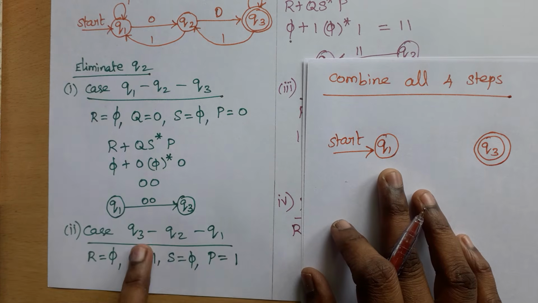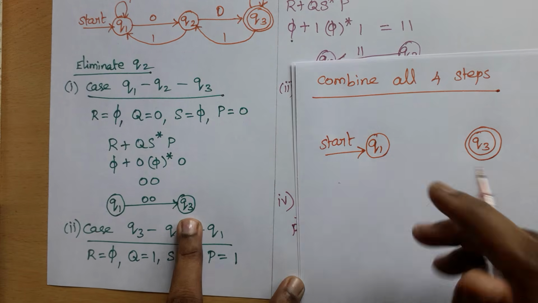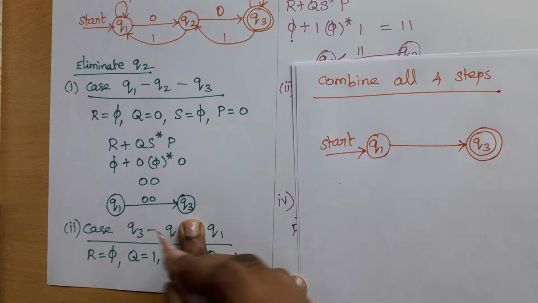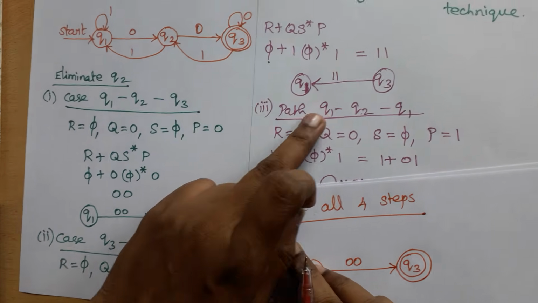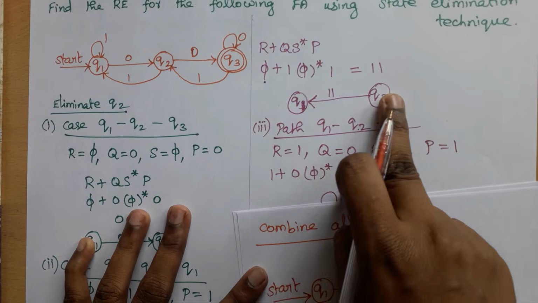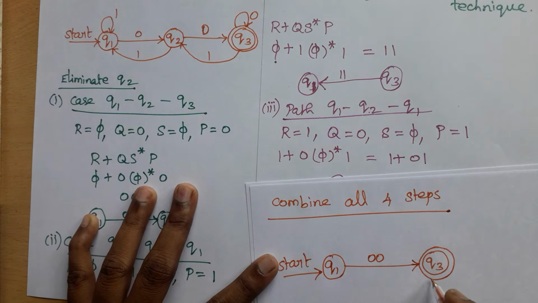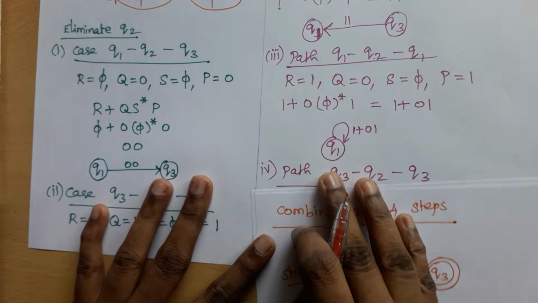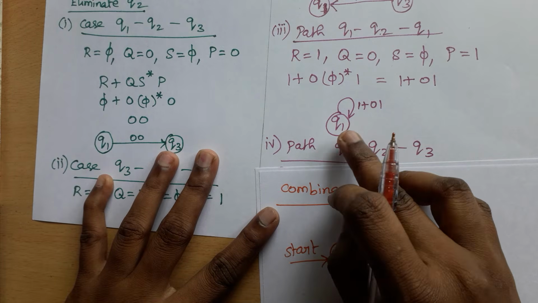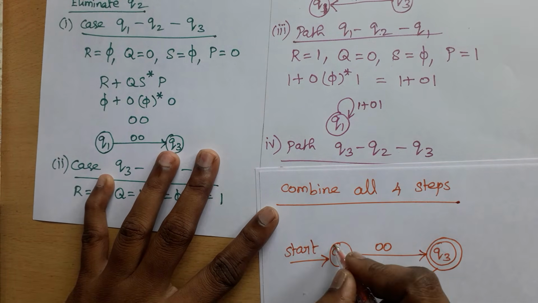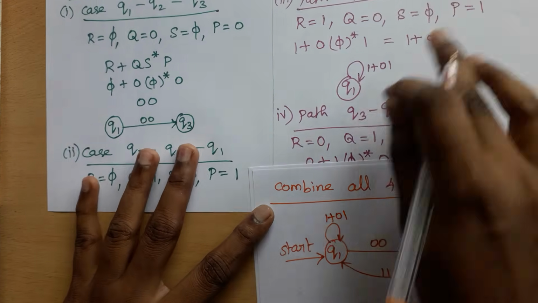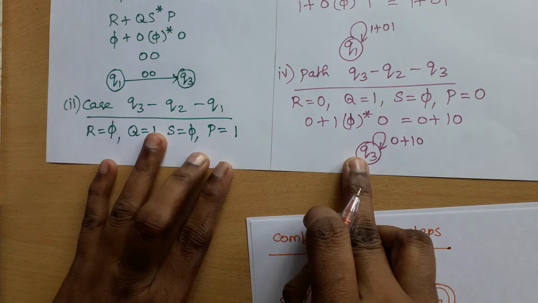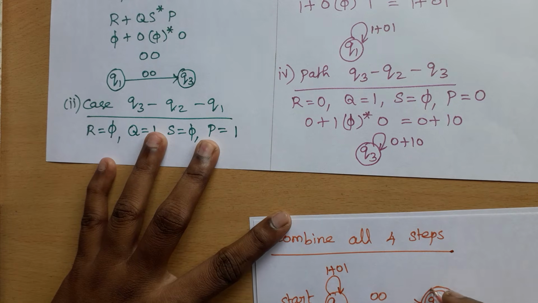In the first case, we got the path from Q1 to Q3 and the regular expression is 0 0. In the second case, we got Q3 to Q1, the arc is labeled by 1 1. In the third case, we get Q1 to Q1, 1 plus 0 1. In the fourth case, Q3 to Q3, 0 plus 1 0.